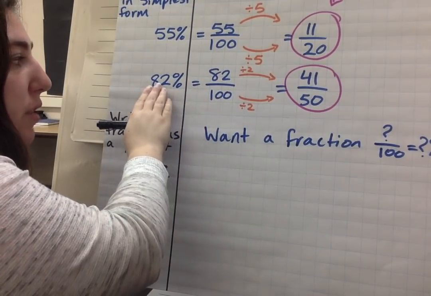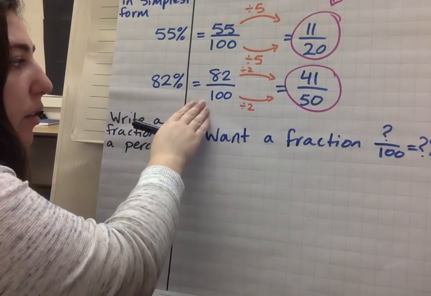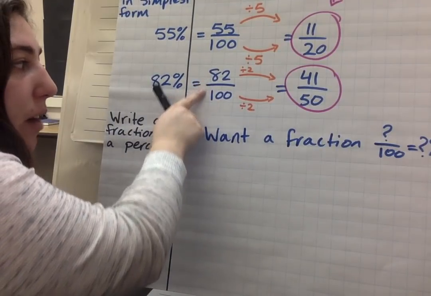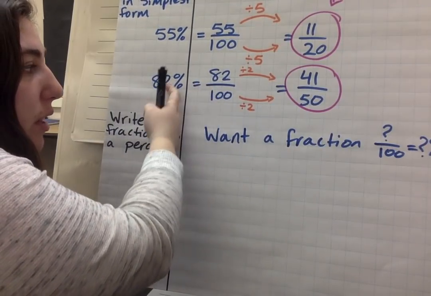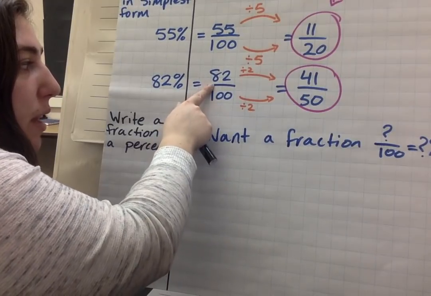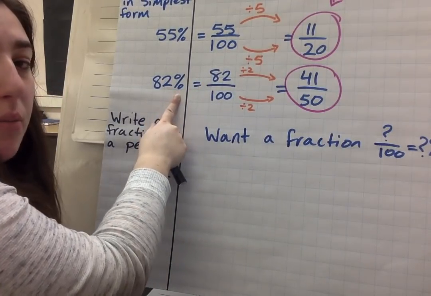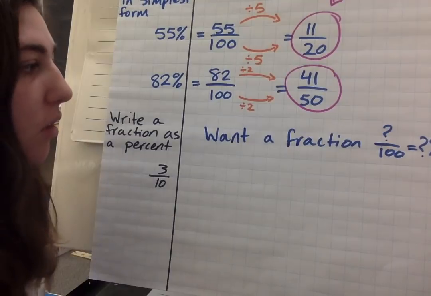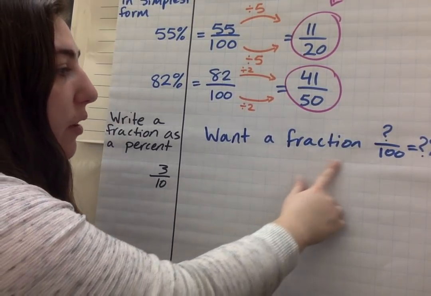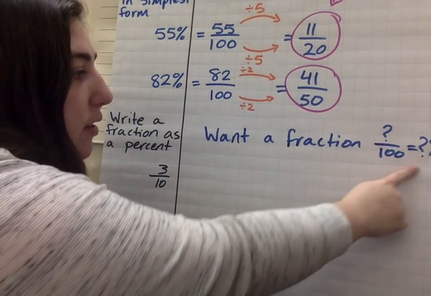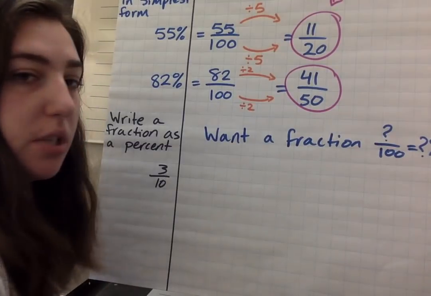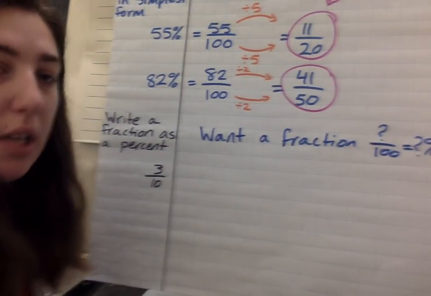So a lot of times you just have to put whatever this number is out of 100. And if it is out of 100 and you're going this way, then you just need to write this number with the percent symbol. Okay? So again, we want to find a fraction, something like this, and we need to find the percent for it. Okay? Sorry, you can't see that.